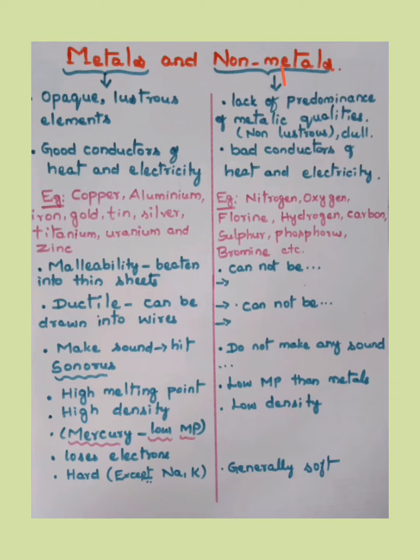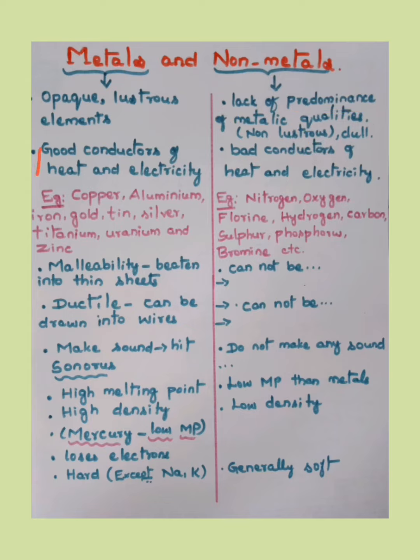Whereas non-metals lack predominance of metallic qualities. They have few metallic qualities, but very little. They lack dominance in metallic qualities, and they are non-lustrous. They don't shine like metals, and they are dull in nature.